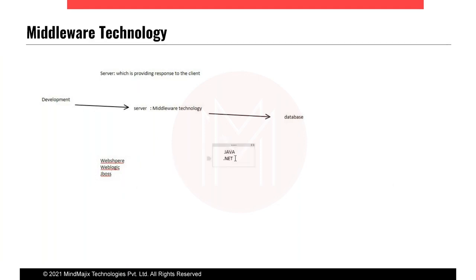Whatever Java code is developed should be hosted on these platforms, WebSphere, WebLogic, JBoss. We don't have any other option to host. So Java applications, Java coding, we have to host on these platforms.